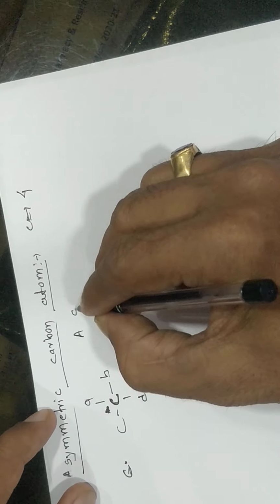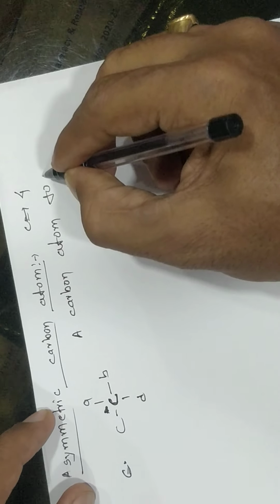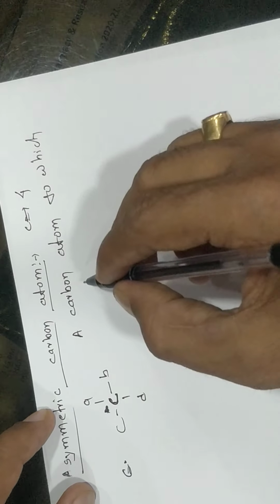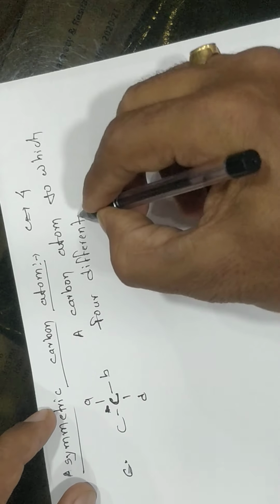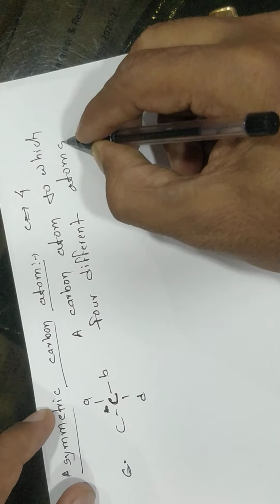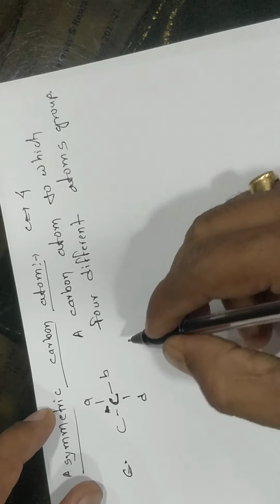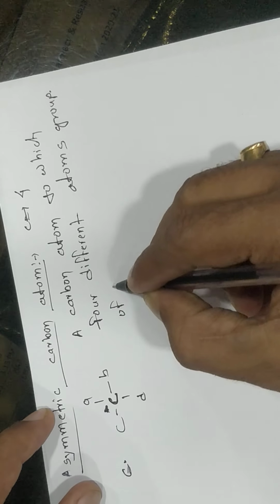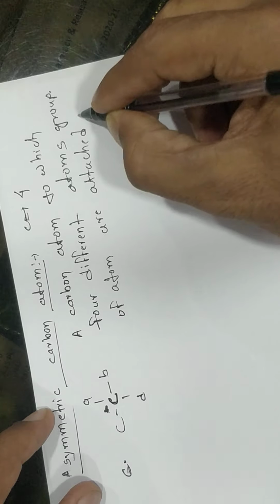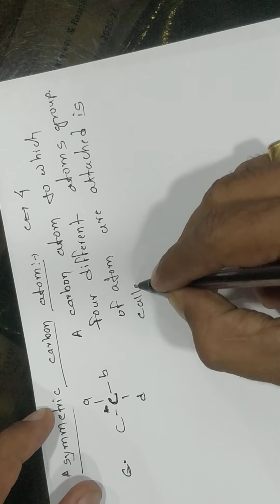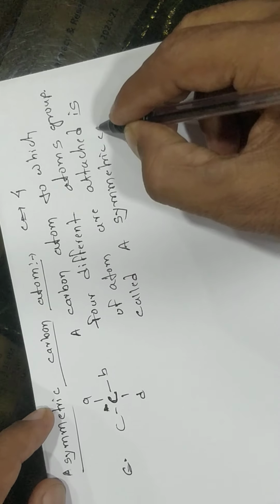The carbon atom to which four different atoms or groups of atoms are attached is called an asymmetric carbon atom.